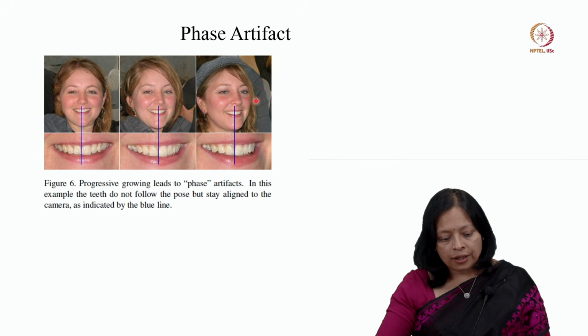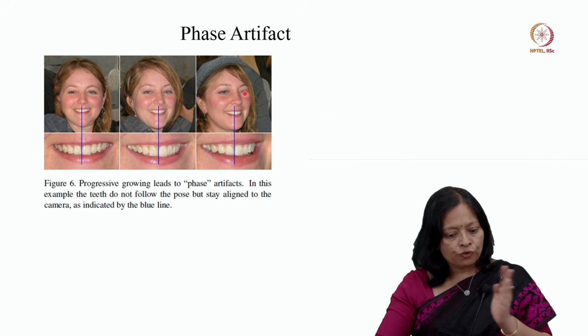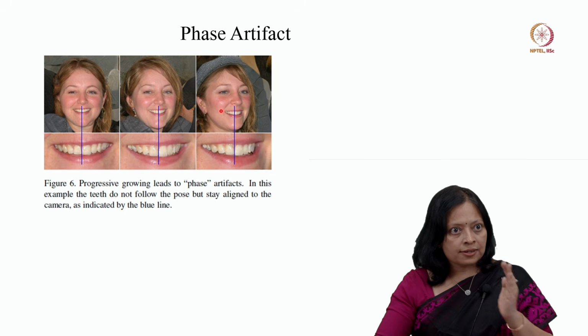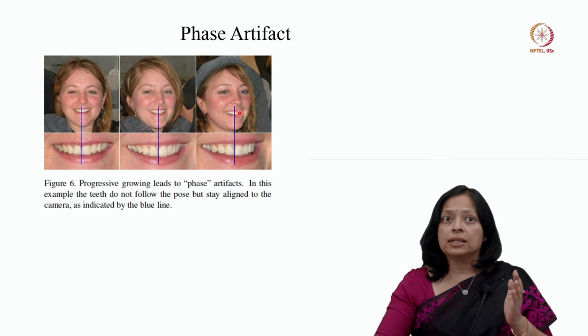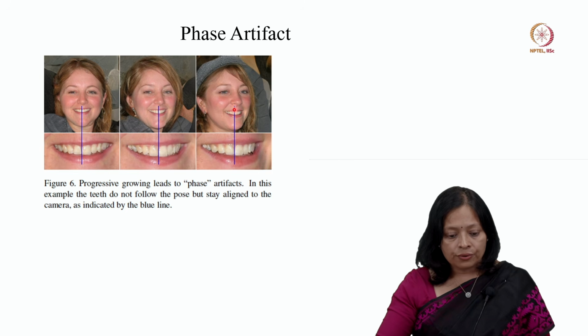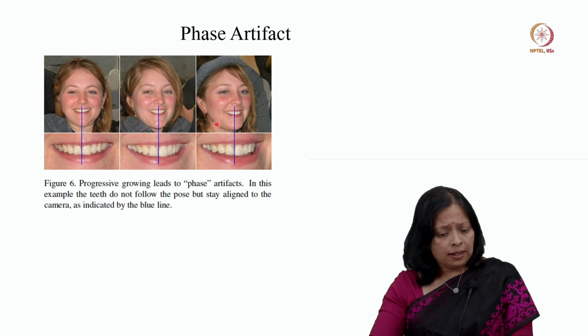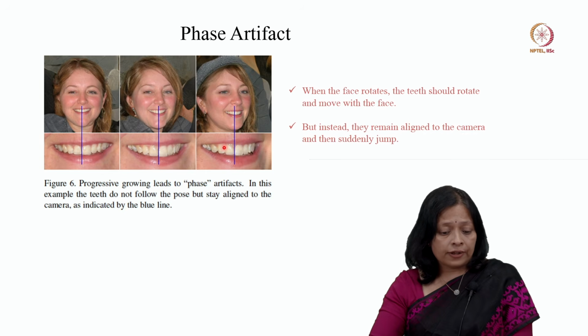Okay. So here also you see there is a movement in the face's position, but still the center of the teeth is aligned to the center of the camera, and so you can see there is an offset here. So, these kinds of artifacts are called phase artifacts.